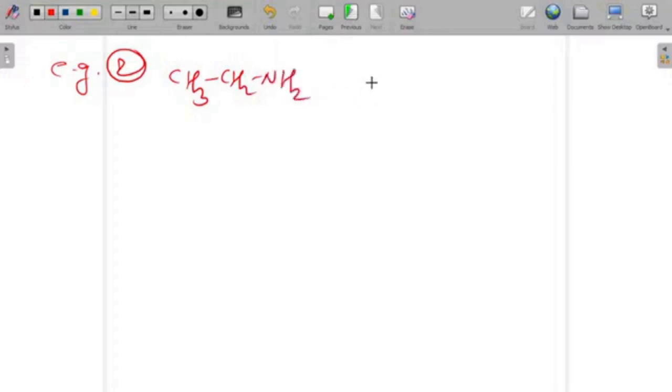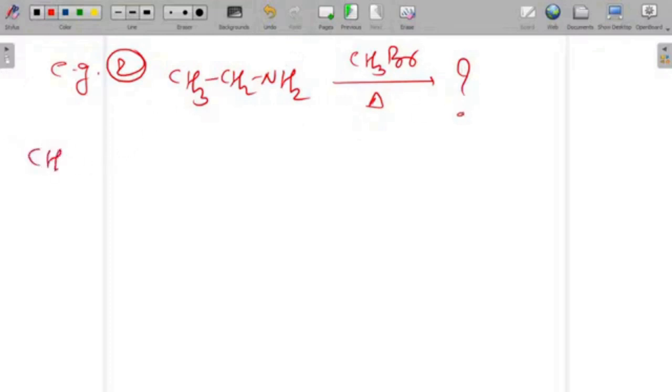Okay, now we'll see the next example. The second example, suppose there is an ethyl group, CH3CH2NH2. This on reaction with CH3Br on heating, what is the product? If I try to write the different steps or products, how is this reaction to be expressed?